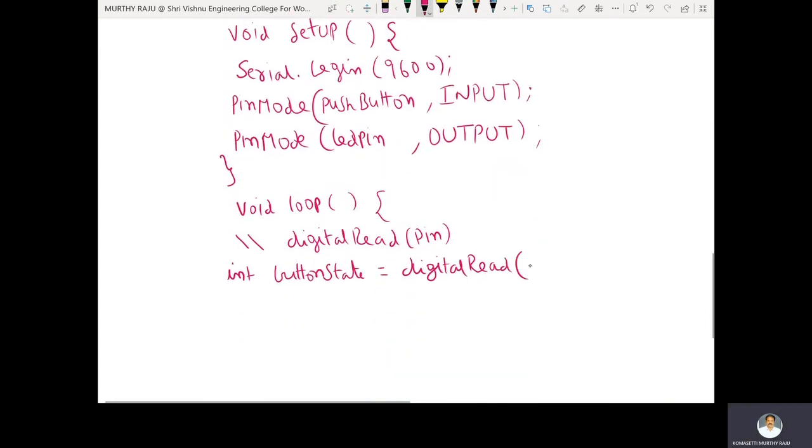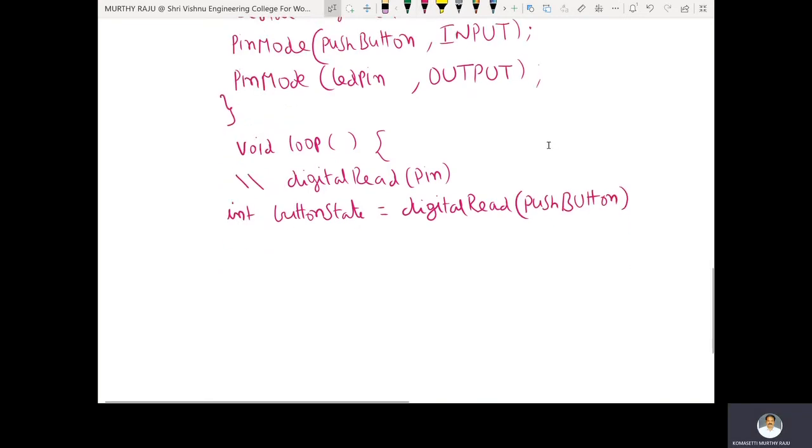Push button. Here one more important statement used is serial.